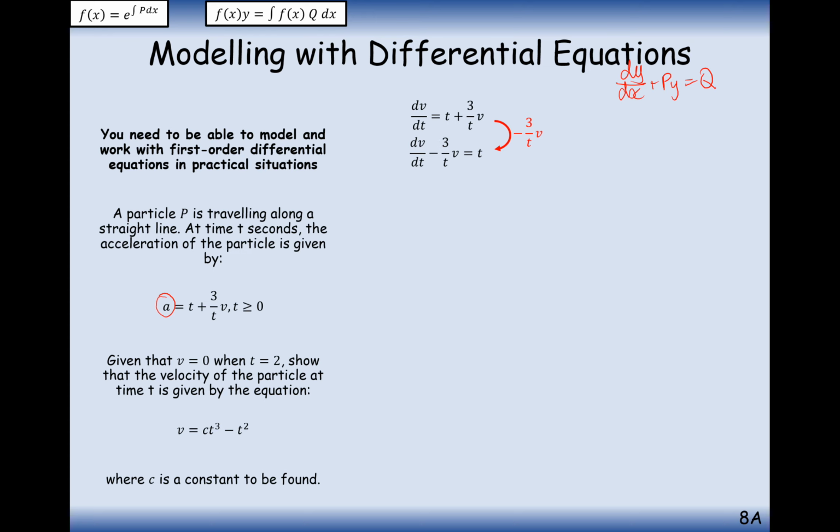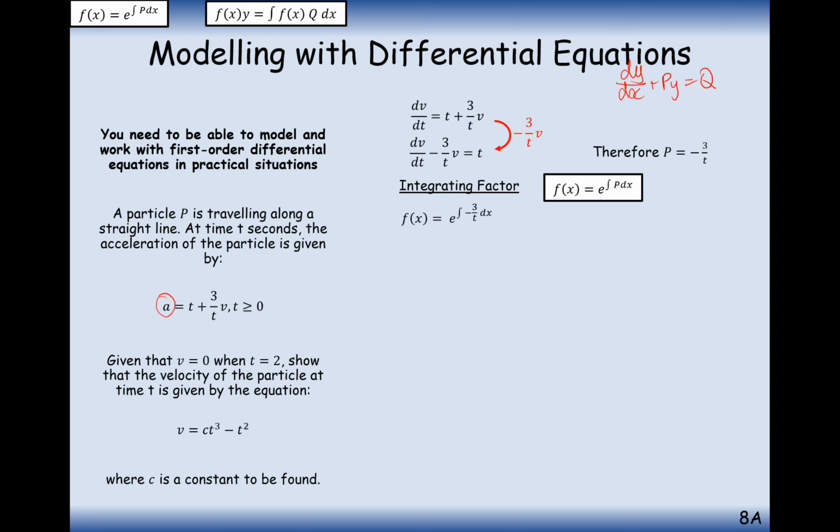When it's of this type of form, the first thing we need to do is work out an integrating factor. And the integrating factor is e to the integral of p dx, where p is the coefficient of v. So p, in this case, is minus 3 over t, whatever's in front of v.